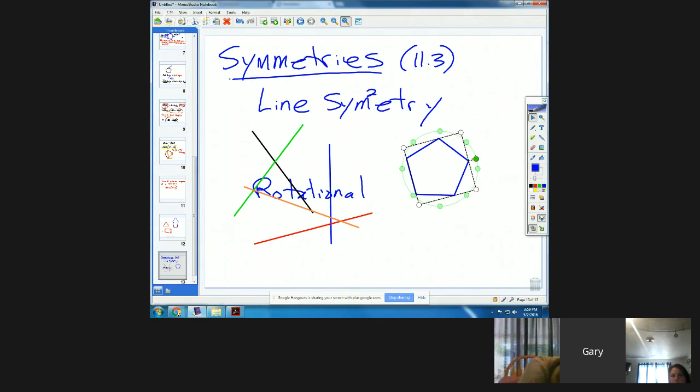So how many incremental rotations would I have to make till I get my original top vertex back to the way it was? And it looks like I made 5 incremental moves to get it back to the way it was. So this has a 5-fold rotational symmetry. That's 5 lines of symmetry.